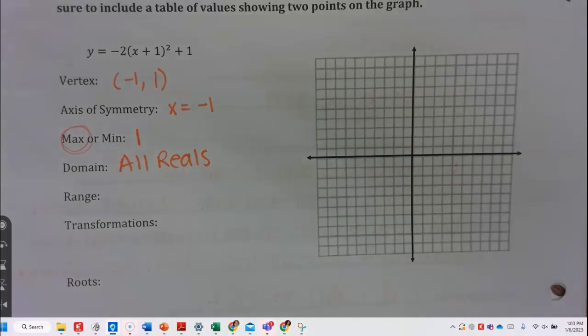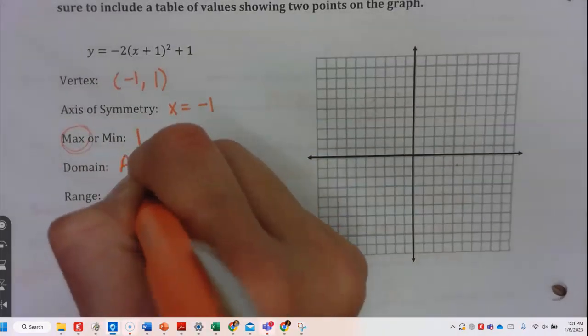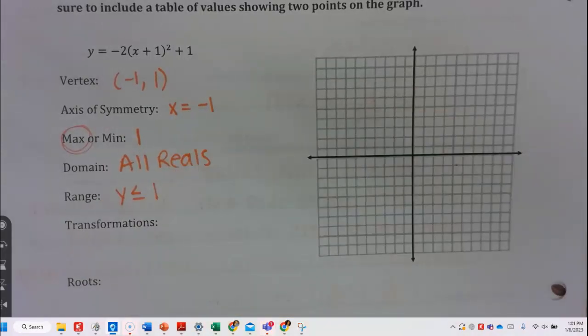My range has to do with my k value as well as my a value. So if the a reflects my graph, then my y values are now going to be less than or equal to my k value, which is 1.